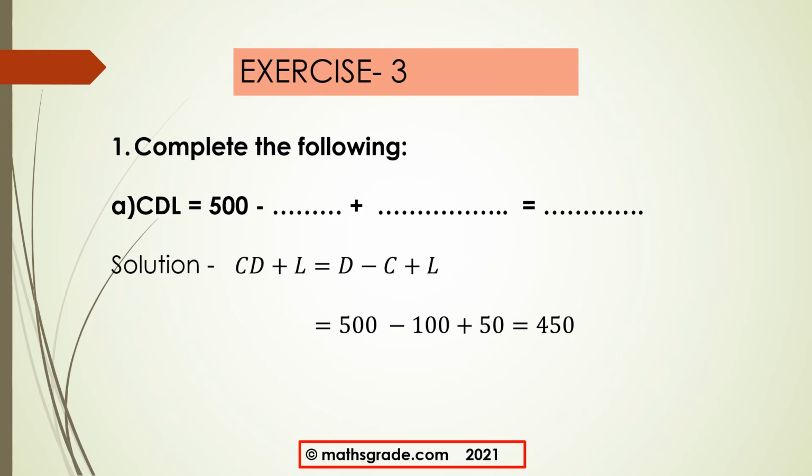So we have to subtract D minus C, then plus L. D is 500 minus C, which is 100, plus L, which is 50. 500 minus 100 plus 50 is 450. So the value of this Roman numeral CDL is 450.